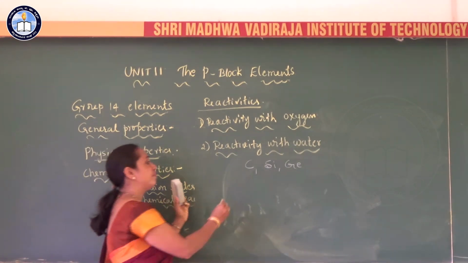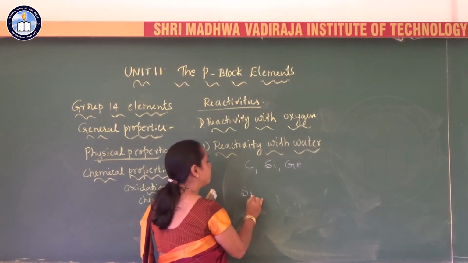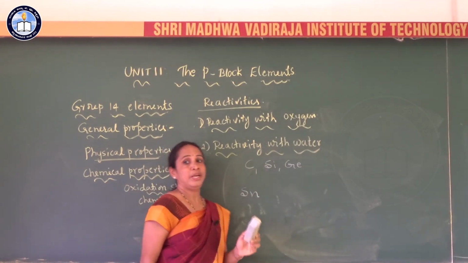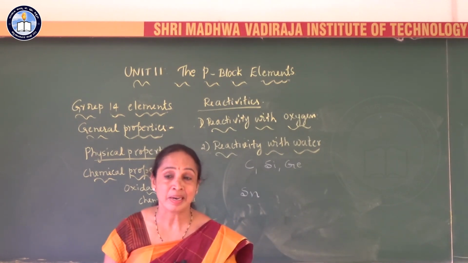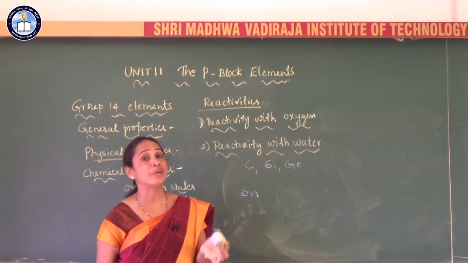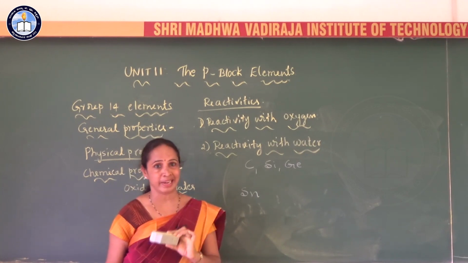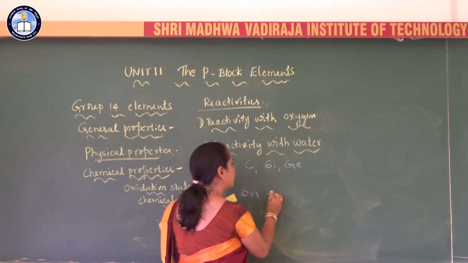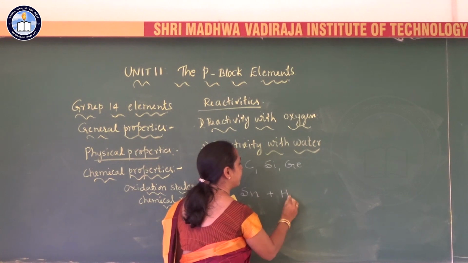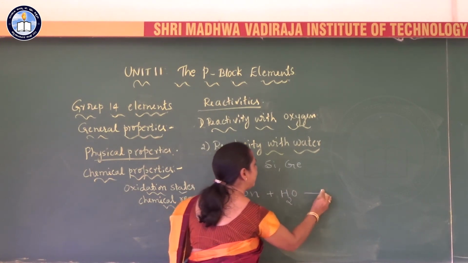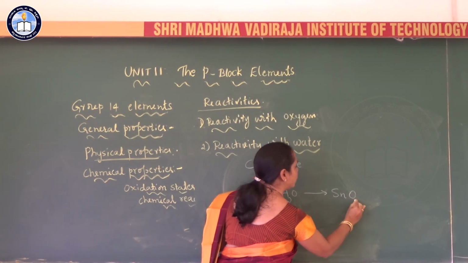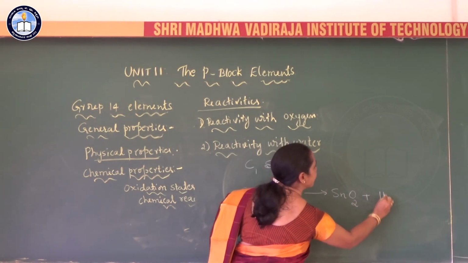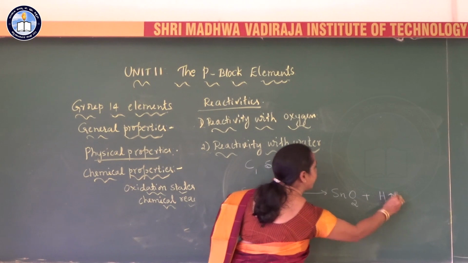But if we consider tin, it won't react with water at room temperature, but it will react with steam. Tin reacts with steam, and it will form tin oxide SnO2 with the liberation of hydrogen gas.